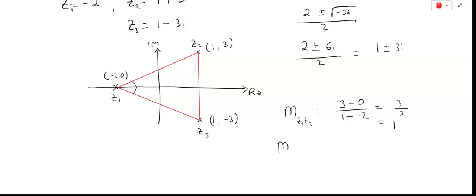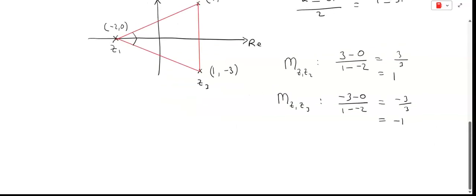And then if I look at the gradient between z1 and z3, that's going to be change in y over change in x, and that's minus 3 over 3, and that's minus 1. Now if you look at the two gradients, 1 and minus 1, if the product of the two gradients is negative 1, which it is, then they are perpendicular, and so the angle must be 90 degrees.